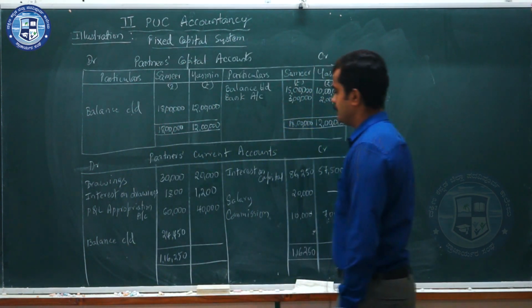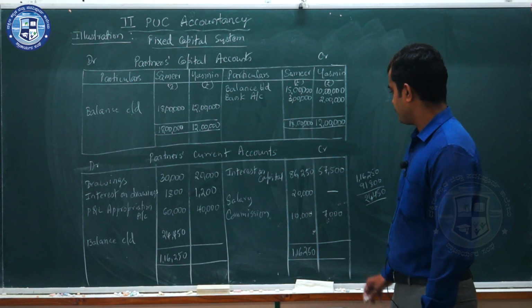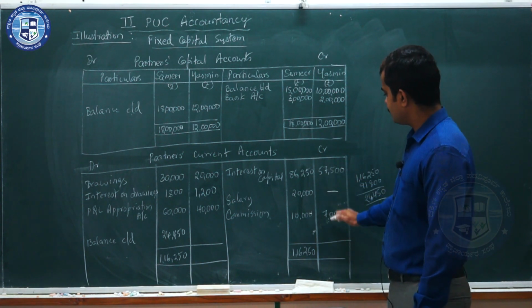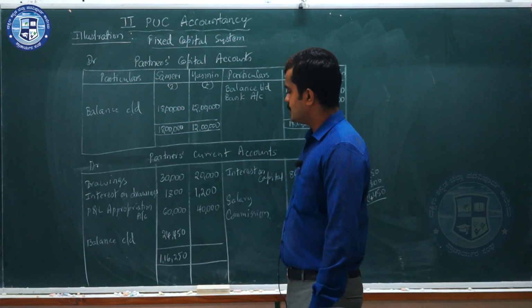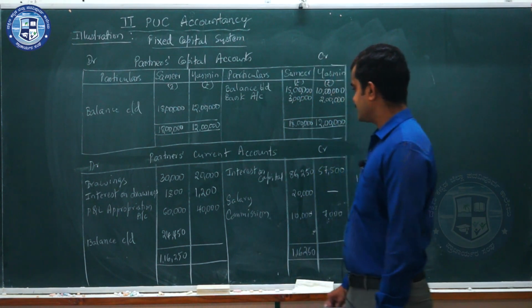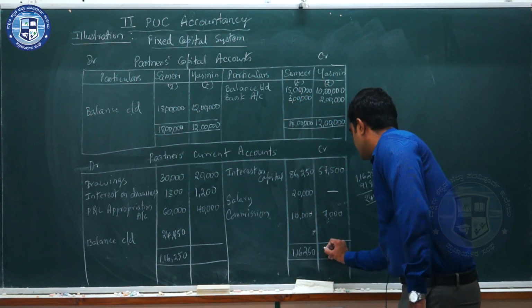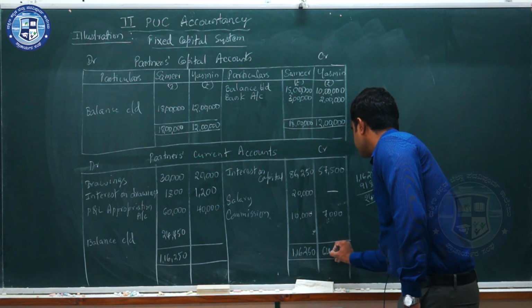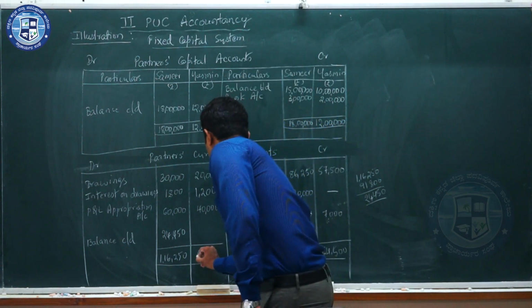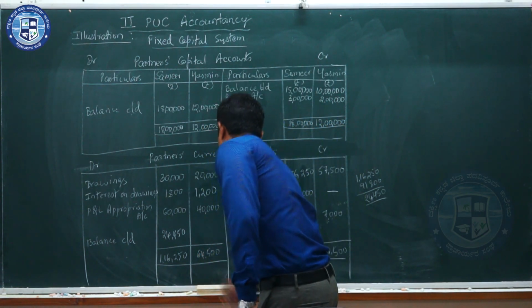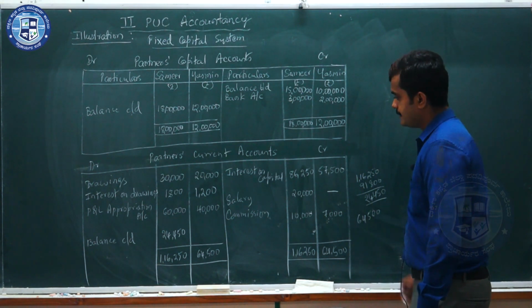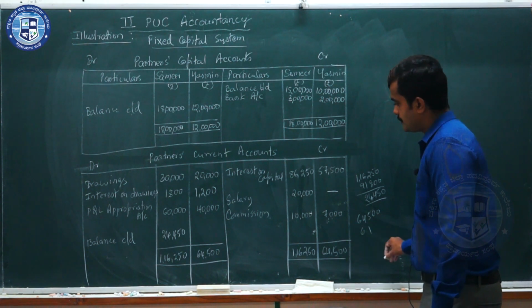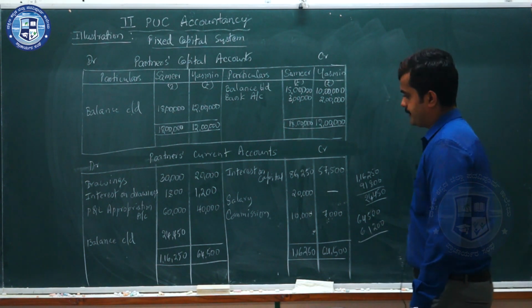carried down. Now coming to Yasmin, credit side we have 64,500, debit side we have 61,200. So here also credit side is greater than debit side total. 64,500, from 64,500 deduct 61,200.